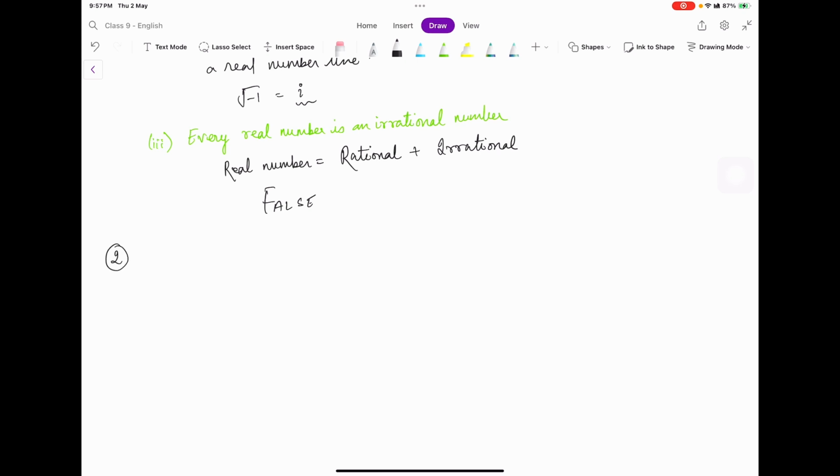Then the second question is, are the square roots of all positive integers irrational?